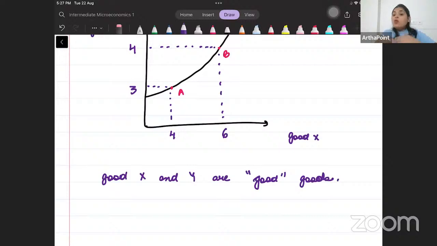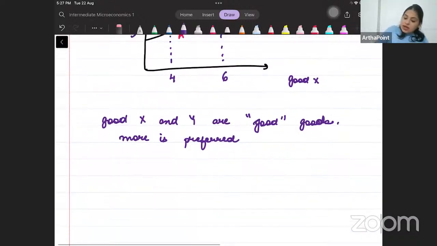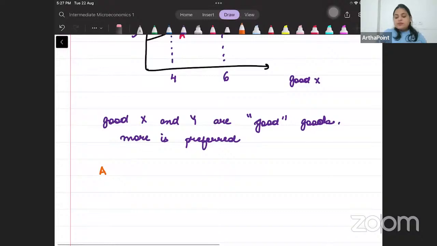Good goods माने मेरे को उनकी कंजम्पशन बढ़ानी है. So more is preferred. More is preferred. Now just consider bundle A, beta.